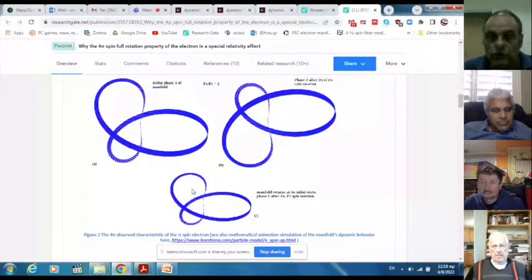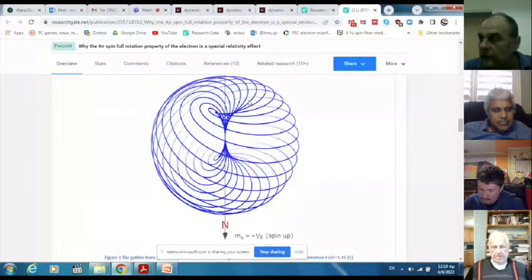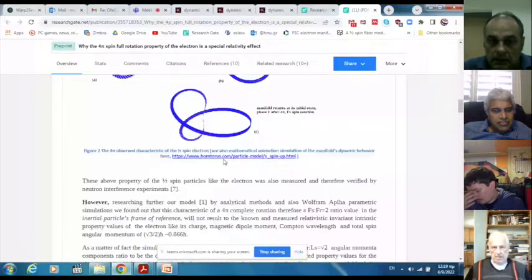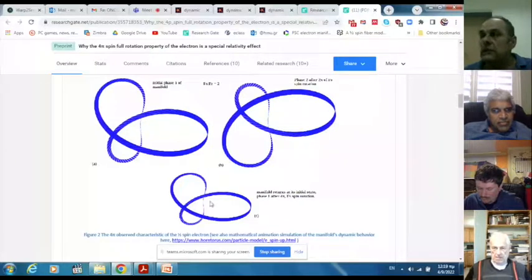It's peculiar because if you have a ball with a point here, and you rotate it 360 degrees, you expect after a 2π rotation you will end up here, but that's not the case with the electron. The electron has this characteristic: it returns to the same phase only after a 4π rotation, and this is very nicely demonstrated when you say that the electron is actually a twisted photon.